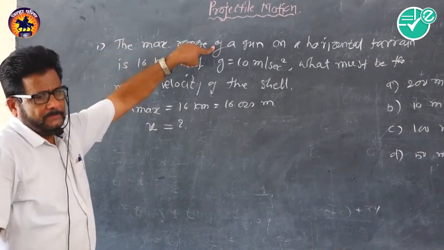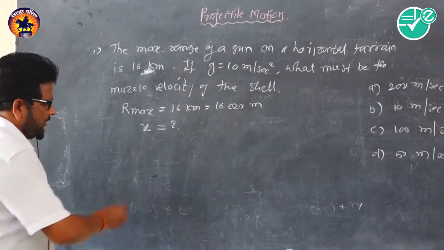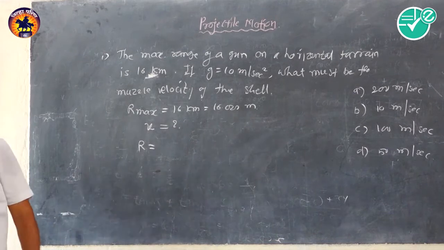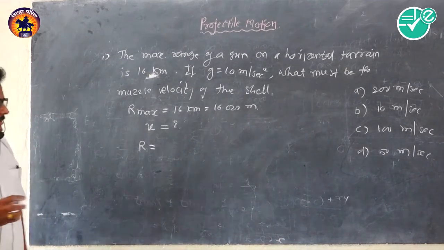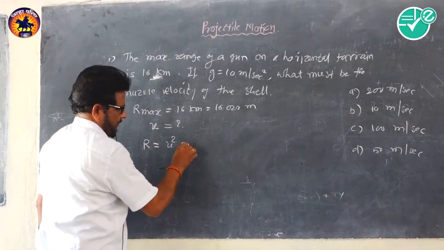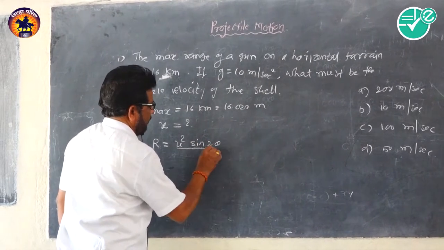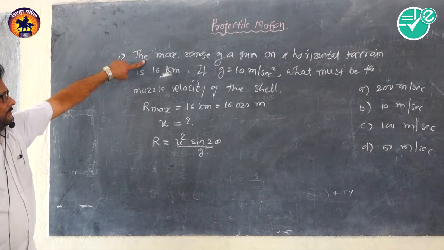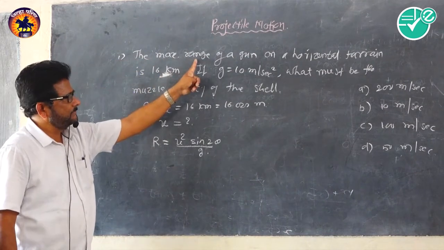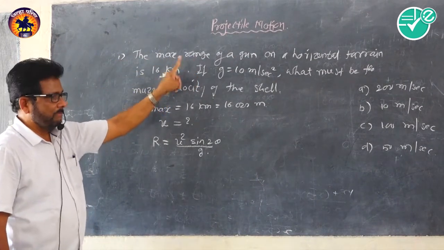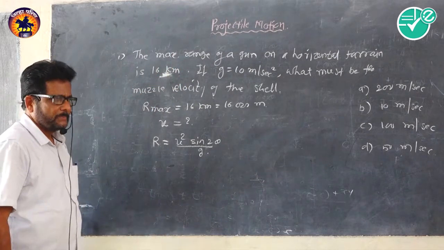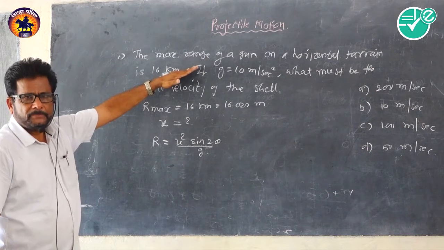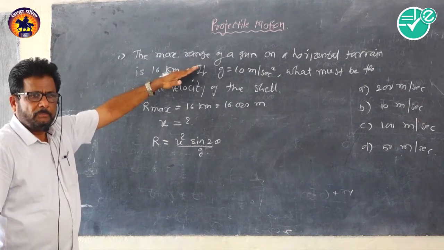Maximum range is given, but we know range of the projectile R is equal to u square sin 2 theta upon g. But in this case, the range is maximum, and therefore the angle of projection must be 45 degree.